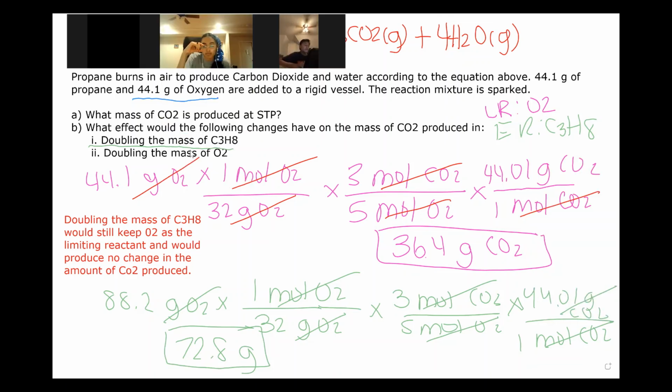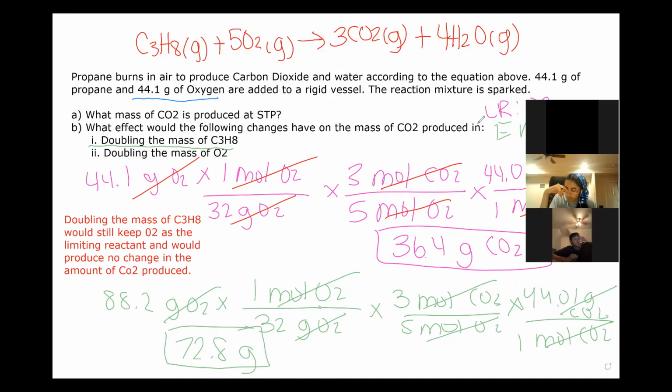So you didn't have to run the whole stoichiometry problem if you noticed that, but I think it's a better way to confirm that it doubles the amount produced. So does this hard one make sense? Yeah.